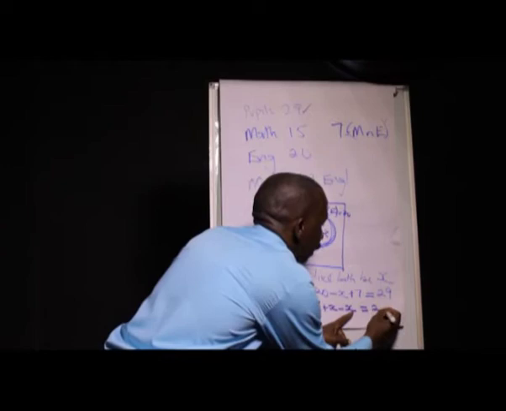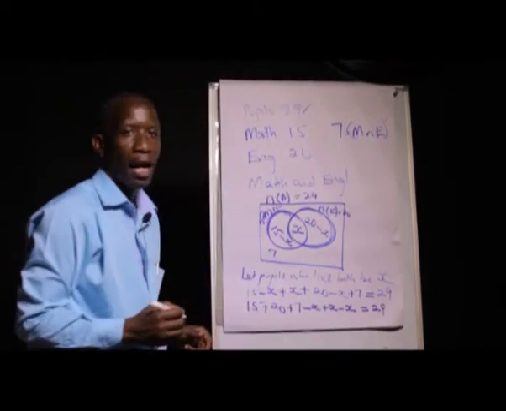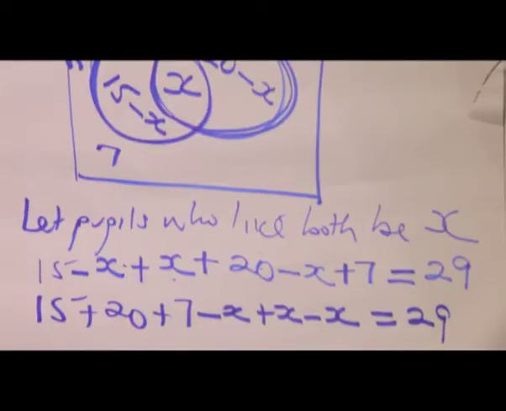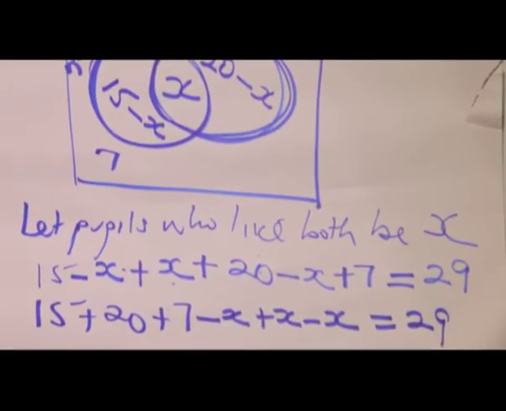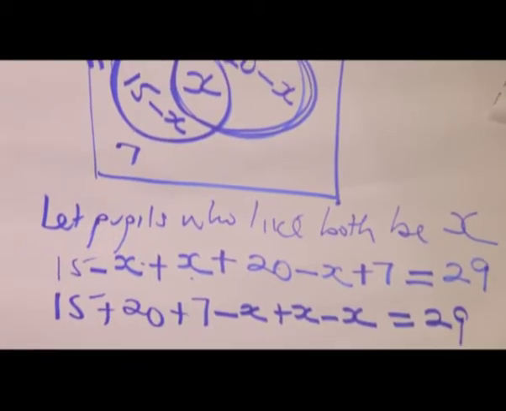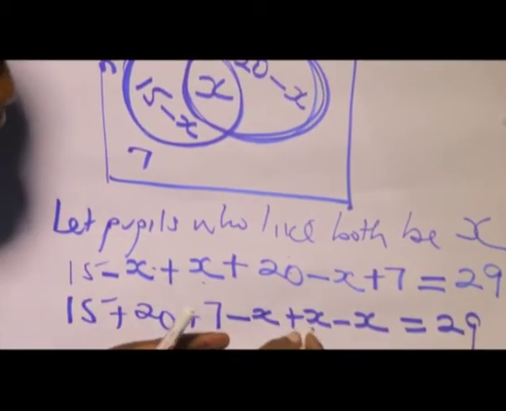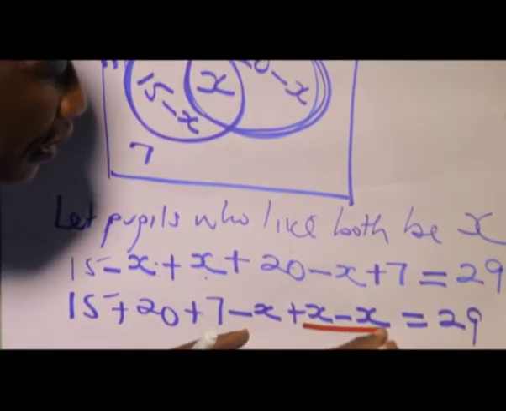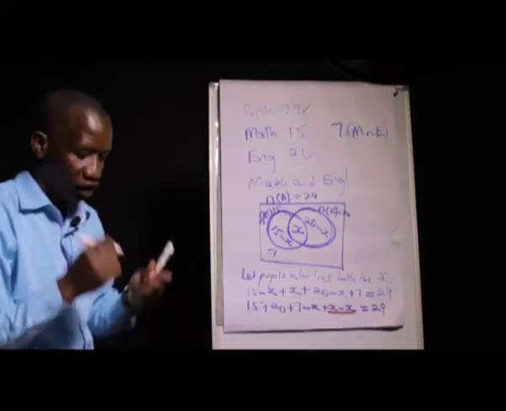They must be equal to the total number of pupils in the class. In algebra, you must have learned, of course, when we take away x from x, we shall get a 0.